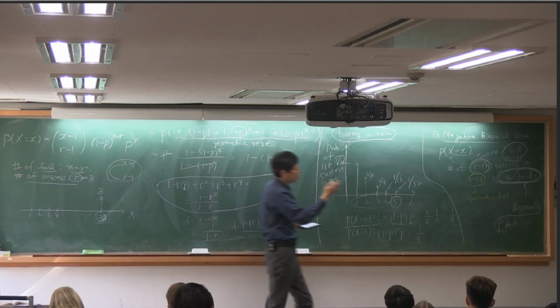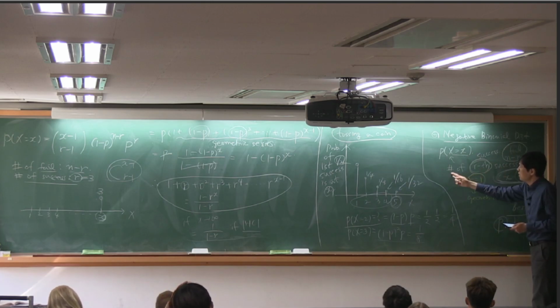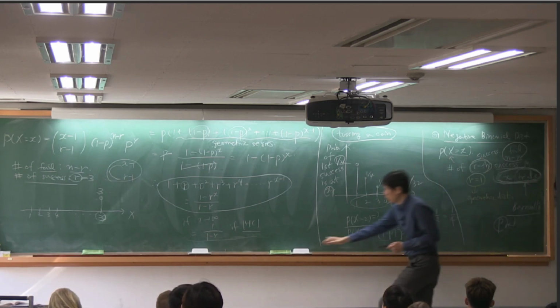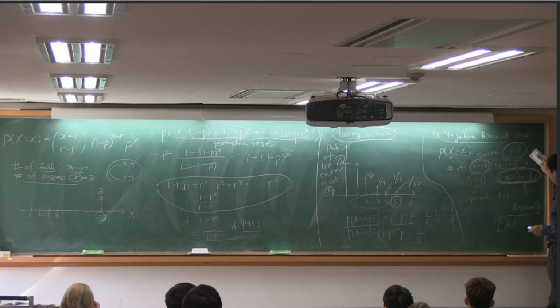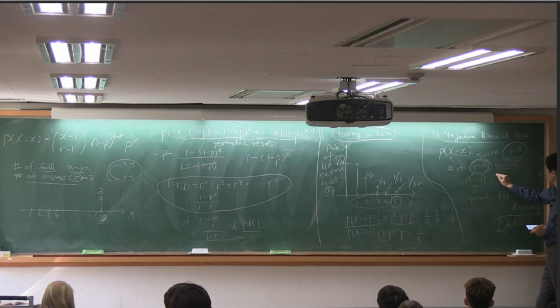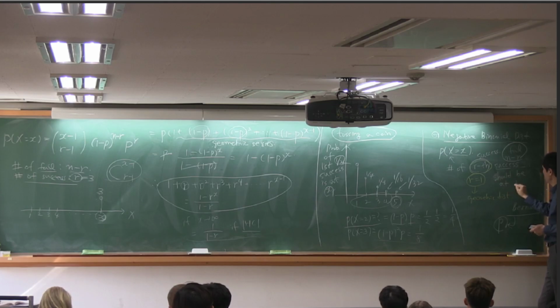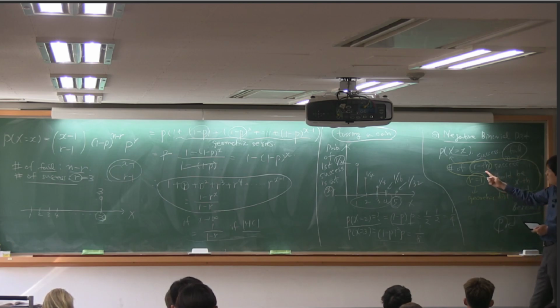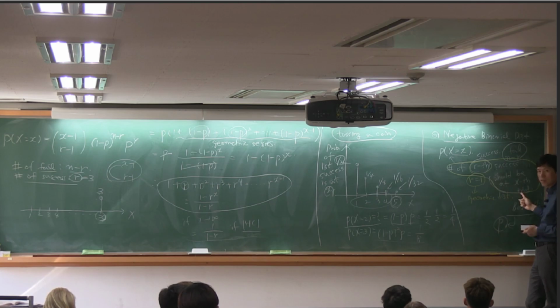Why? Because in the definition of the negative binomial distribution, to be exact, my English expression was a little wrong. The r-th success should be at the x-th trial. This is important. The r-th success should be at trial x.